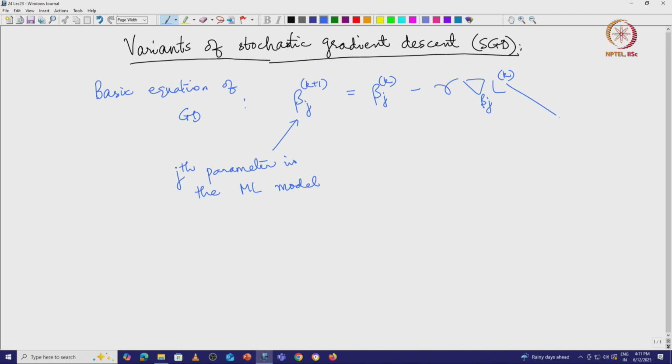So you know that k is the iteration number, and gamma is the learning rate.